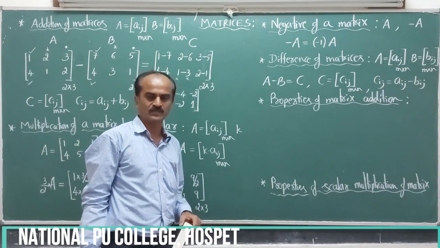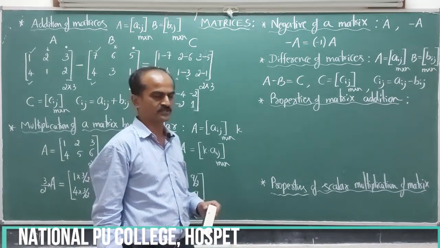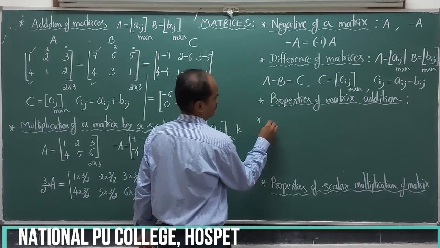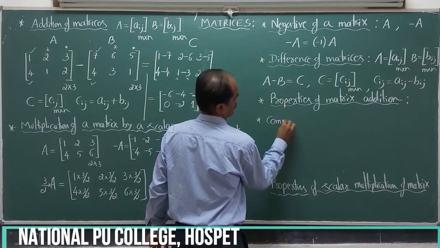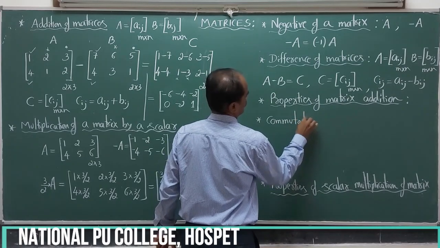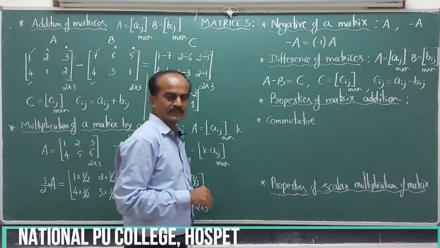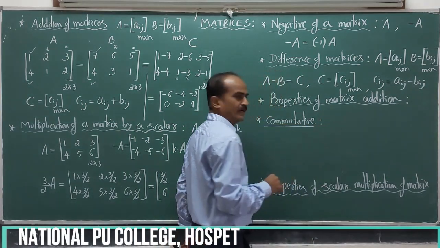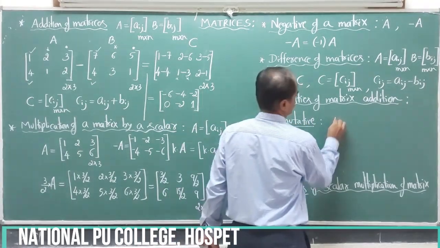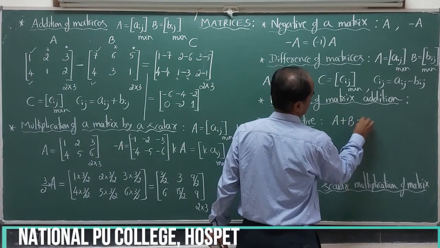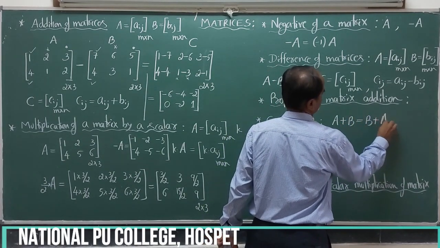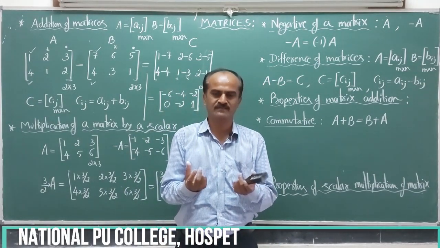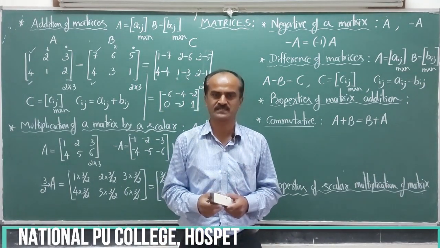Now we'll see what the properties of matrix addition are. Clearly, matrix addition is commutative. If A and B are matrices of the same order, then A plus B is equal to B plus A. Just like when two real numbers x and y are taken, x plus y is the same as y plus x.